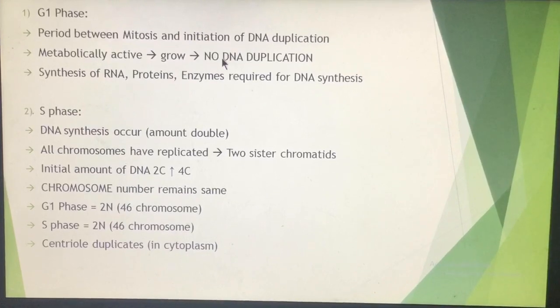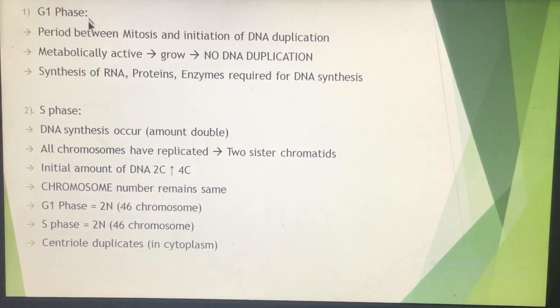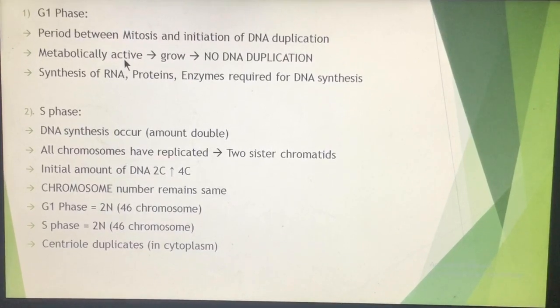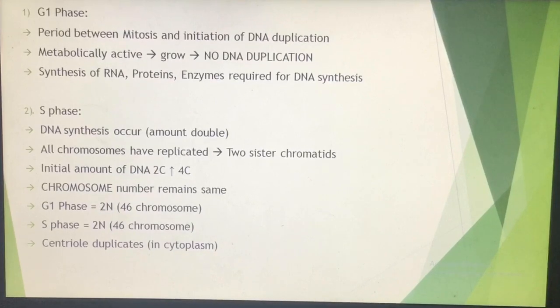So no DNA duplication occurs during the G1 phase, but during the G1 phase the cells are metabolically active. Metabolically active का मतलब है these cells form many materials. Which material? Like there is a synthesis of RNA.